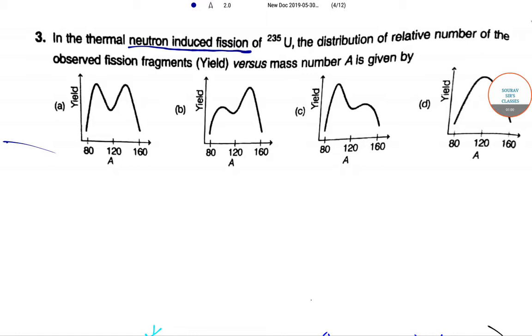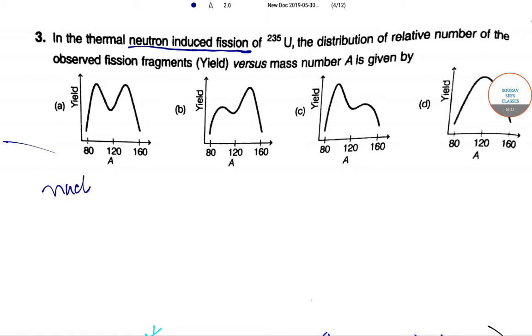So what is neutron induced fission? In nuclear physics, nuclear fission is a nuclear reaction or a radioactive decay process in which the nucleus of an atom splits into smaller or lighter nuclei.